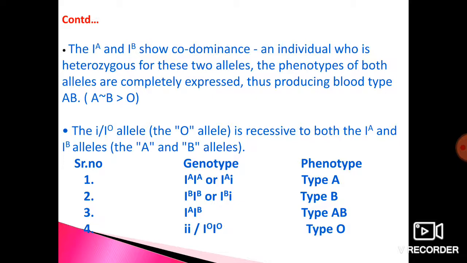In the second number, you can see the same is repeated for group B, where homozygous IB and IB will create B, or a heterozygous IB and small i will create B again.